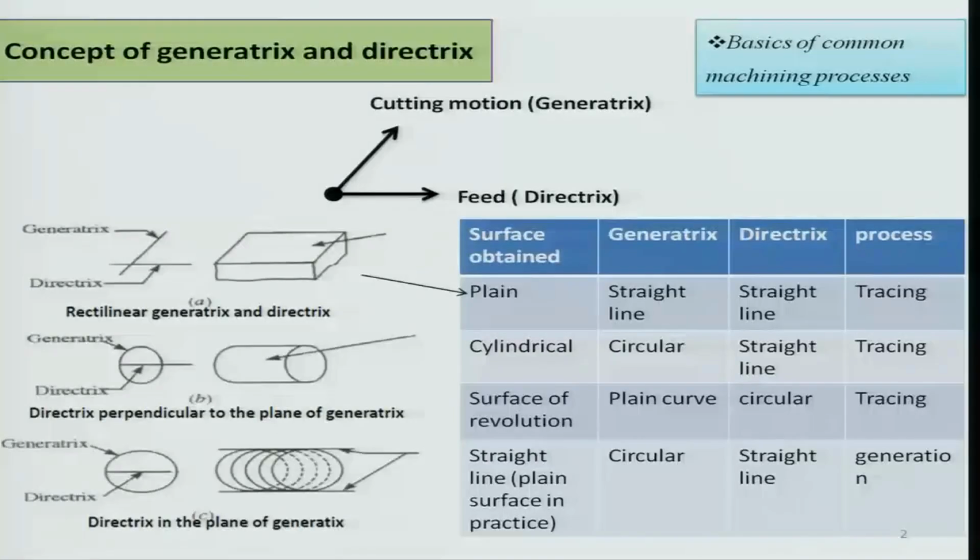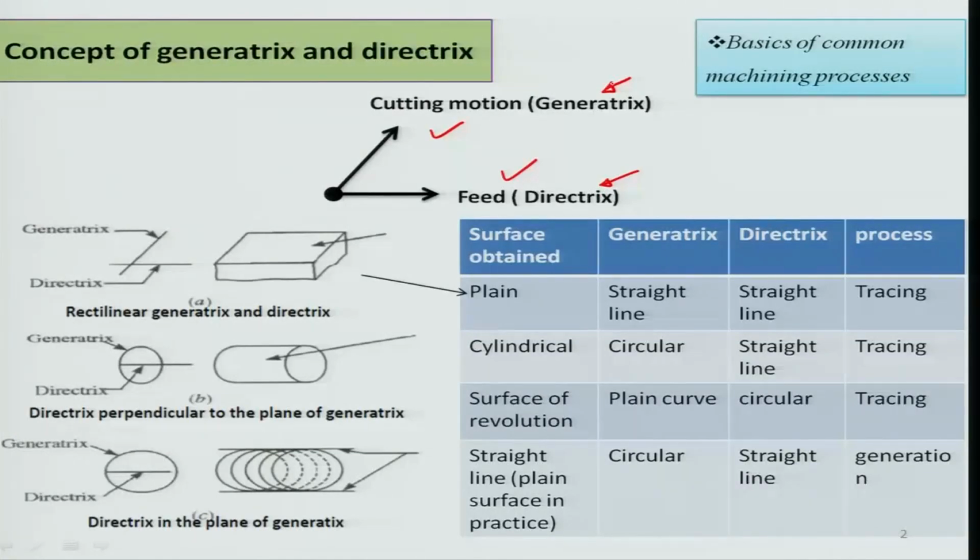And this slide right here shows the concept of two important motions associated with the motion of the tool with respect to one workpiece. One is the feed motion, which is also known by the term directrix, and the cutting motion, which is basically the generatrix.